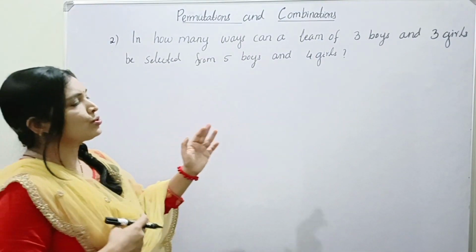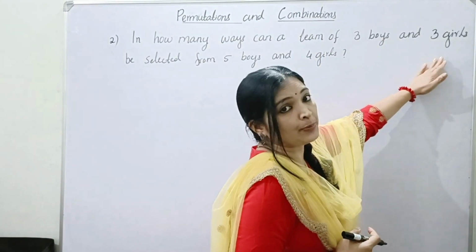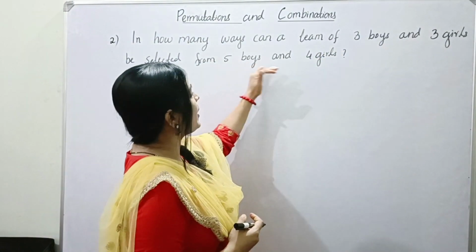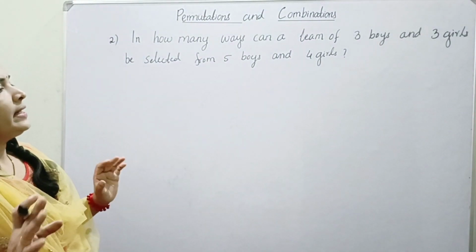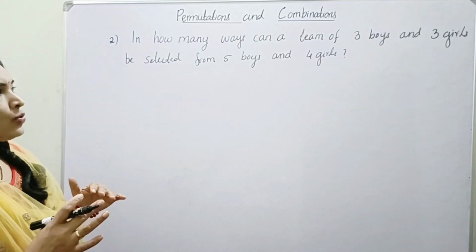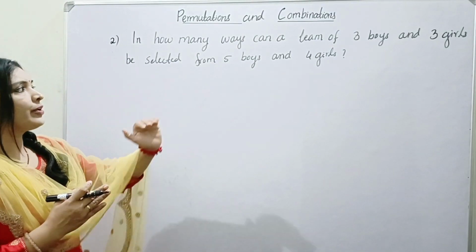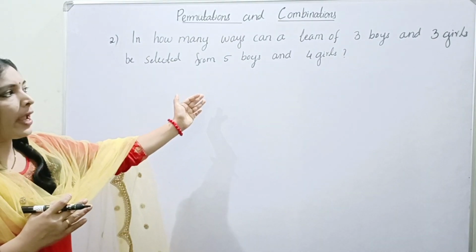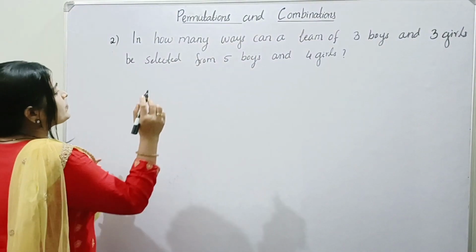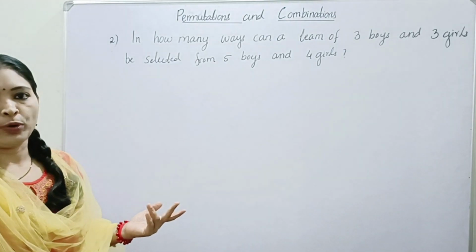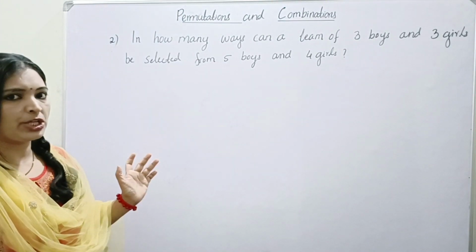Total we have to select 6 people, so 6 people out of 9 people, but here it is given separately. So the number of ways of selection, here order is not important, so we will do the combination.